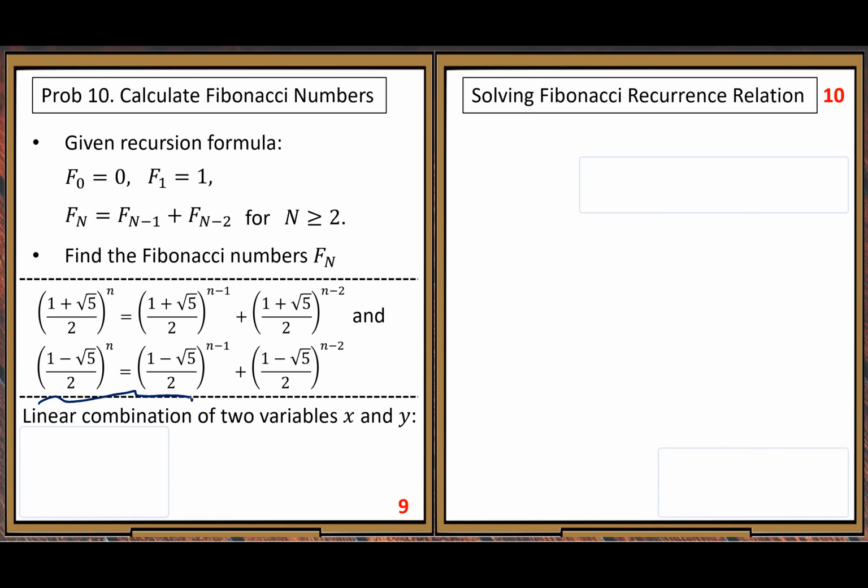By linear combination, we mean the expression capital A x plus capital B y, where capital A and capital B are both constants. This expression is called the linear combination of x and y. Here we use this way to combine two existing solutions.